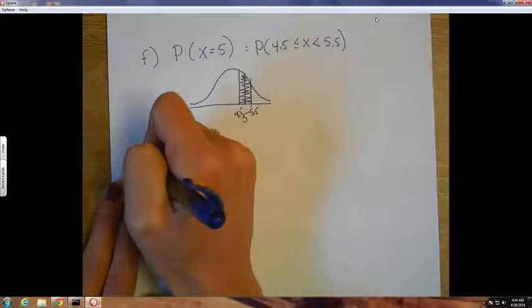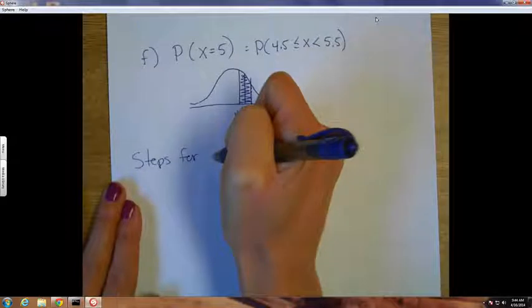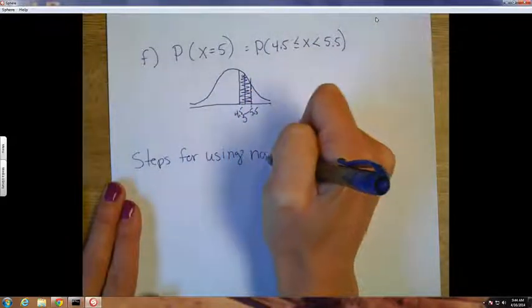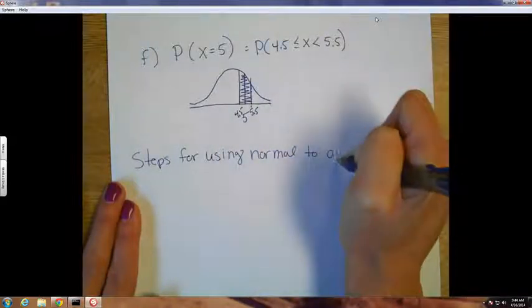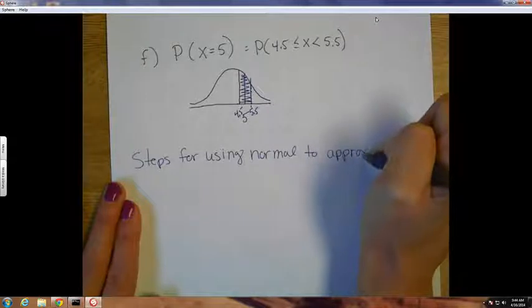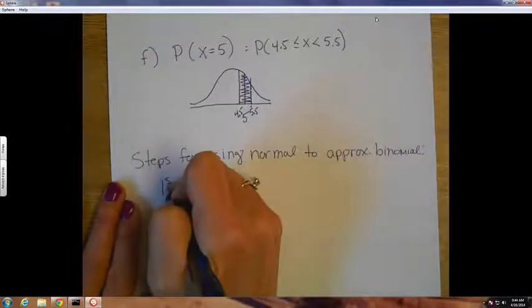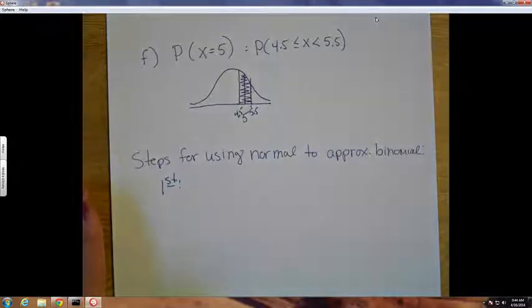So the steps for using normal to approximate binomial. The first thing you have to do is check to make sure the sample size is big enough. That n times p and n times q both have to be greater than or equal to 5.